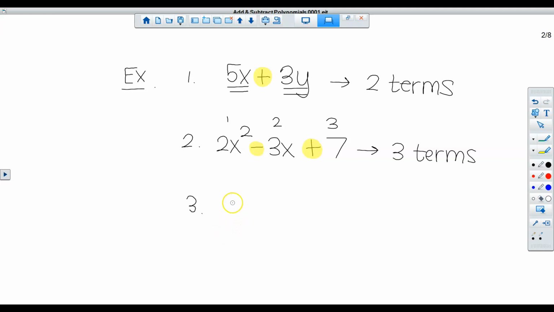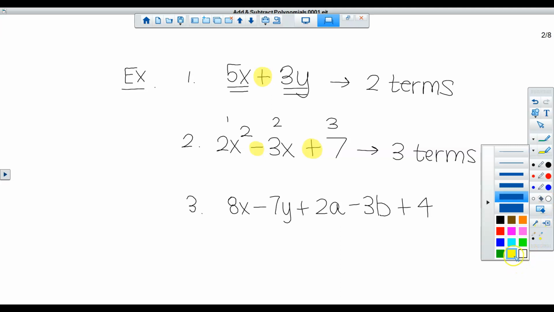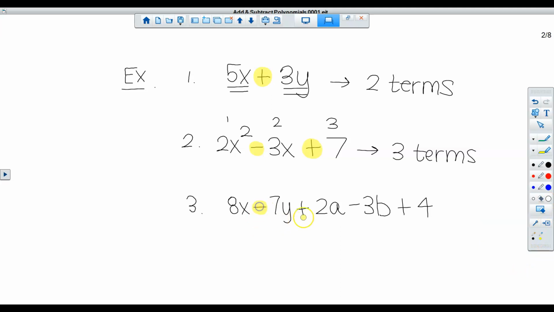So I could do something like 8x minus 7y plus 2a minus 3b plus 4. All right? That is a polynomial. It has many terms. How many terms does it have? Well, first of all, let's go through and look for all the adding and subtracting signs.